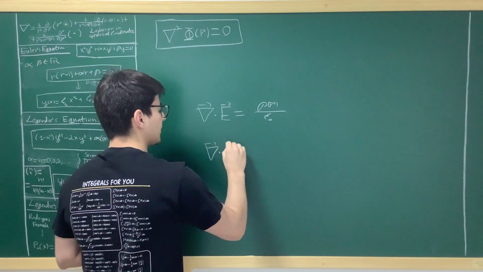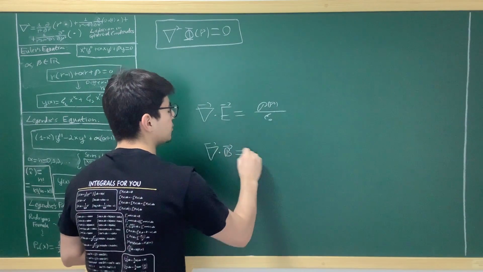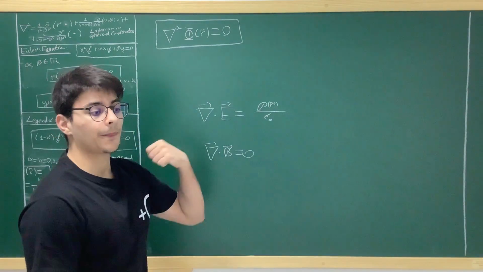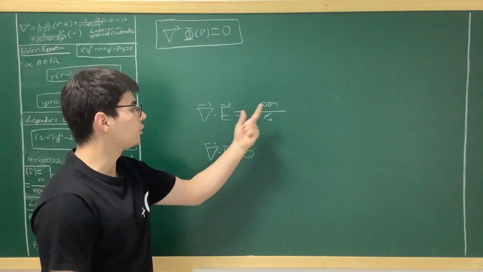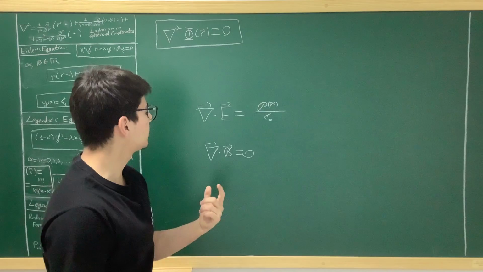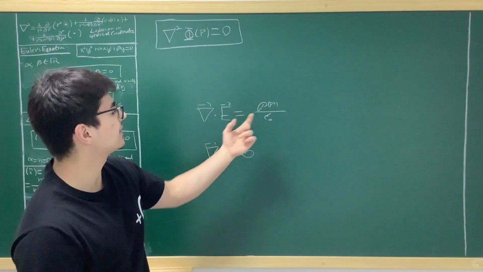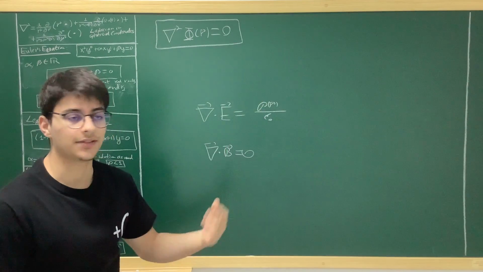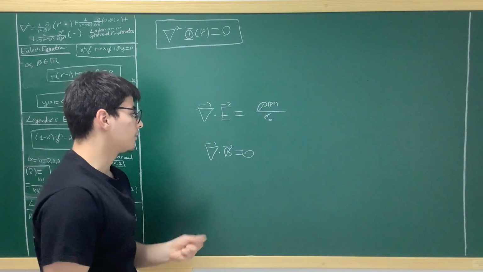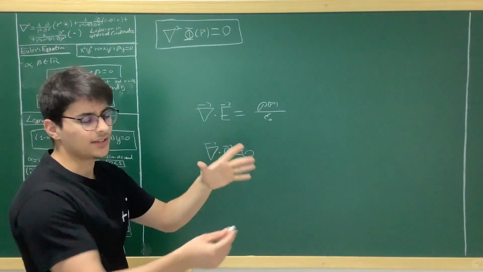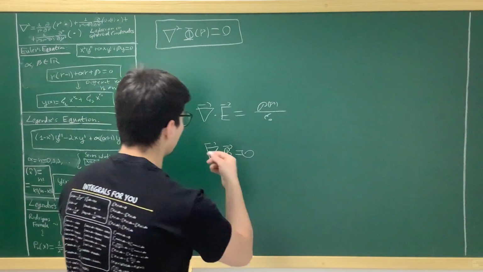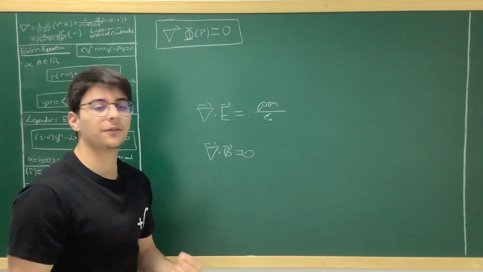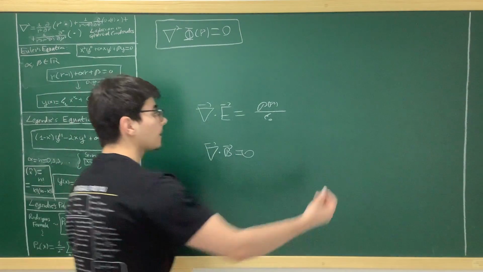So we have that the divergence of E is equal to some charge density over epsilon naught, which is the vacuum permittivity. This just means that the scalar sources of the electric field are charge densities, not just point charges, but distributions of charges. Now here there are no scalar sources of the magnetic field, that's why its divergence is 0.